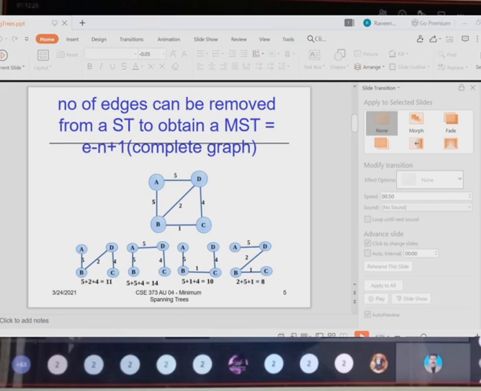Then the next step is that we have to write down all the pairs of vertices, or edges. For our convenience, we'll write the edges in increasing order, from the smallest to the largest value.